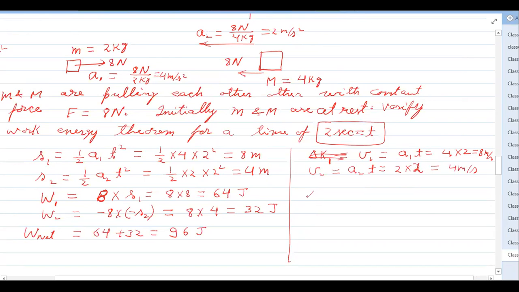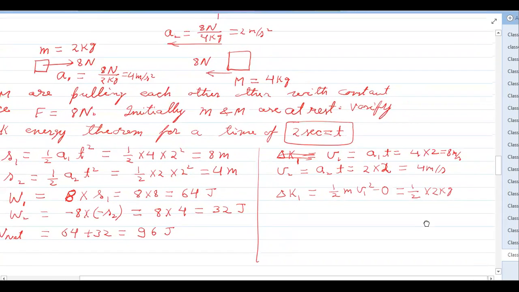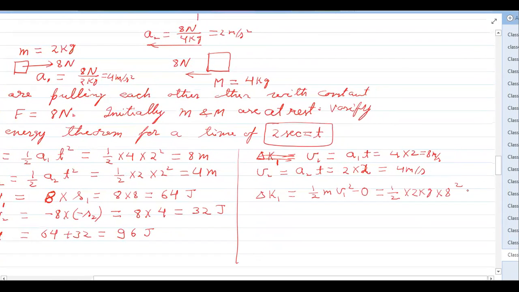So now we will write the change of kinetic energy for the first particle. Half m v1 square. Initial was 0 because initially they were at rest, so initial kinetic energy is 0. So half into m. The first object's mass is 2 kg and velocity is 8. So how much are we getting? 64 joule.